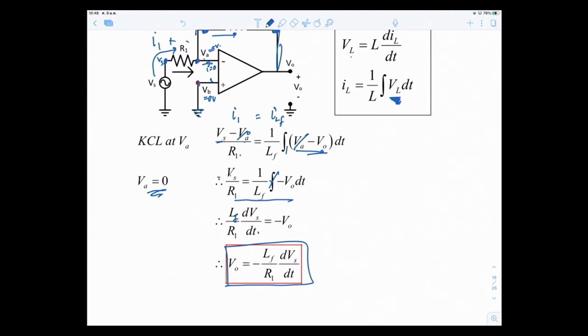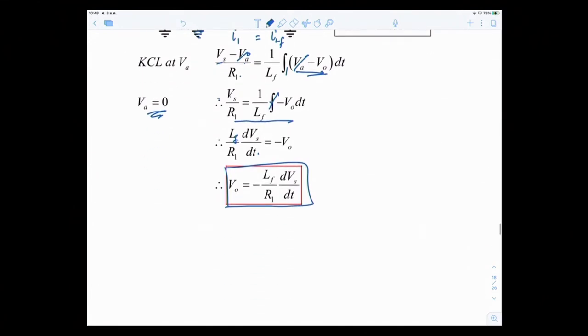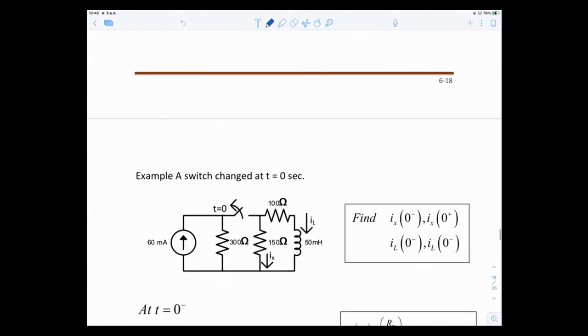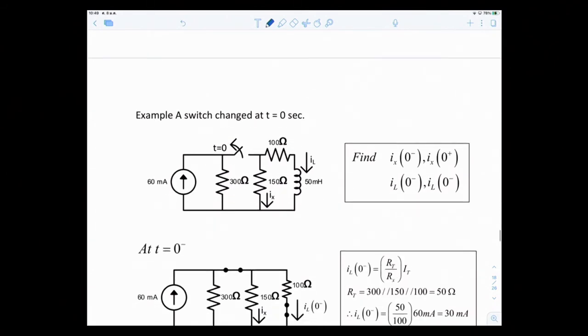Very amazing, no? You differentiate your Vs, the input, to get your Vout. It's like a differentiator, okay? And it also inverts your source to negative values. So you can try this here also.